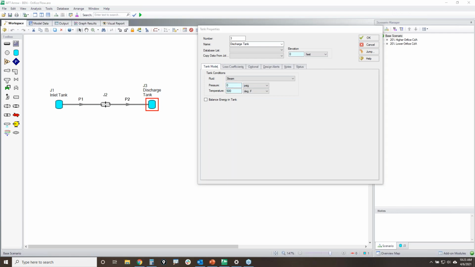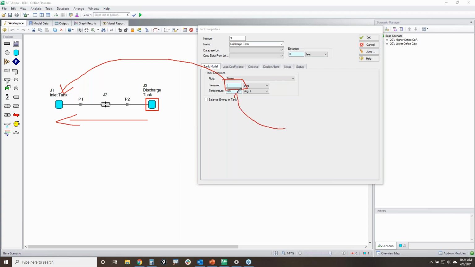Now, if you notice, I did specify a temperature here. This temperature actually does not matter. That temperature is not used for calculations. The only way it would be used is if I had made a mistake and accidentally made this pressure larger than my supply tank, where I would have reverse flow through the system.